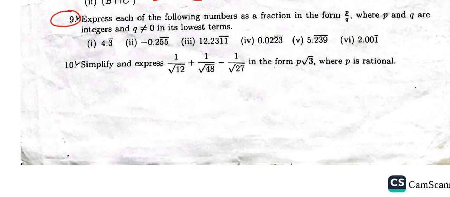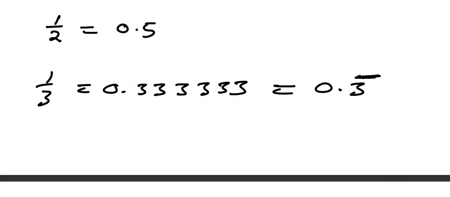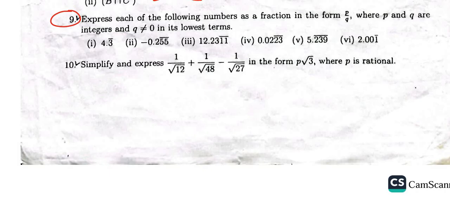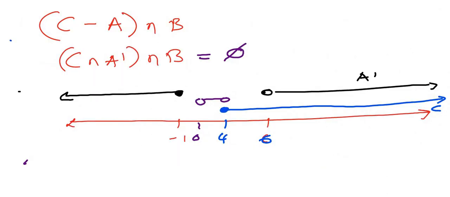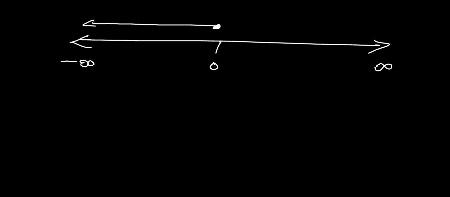Okay, this is easy. Even when there's a negative, it's okay. So when there's a negative, we have negative 0.255 with the bar on the 55.